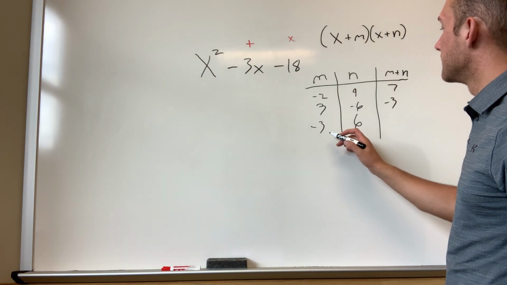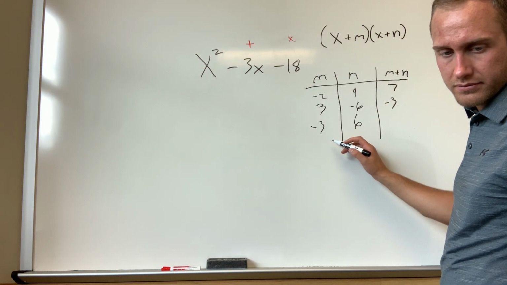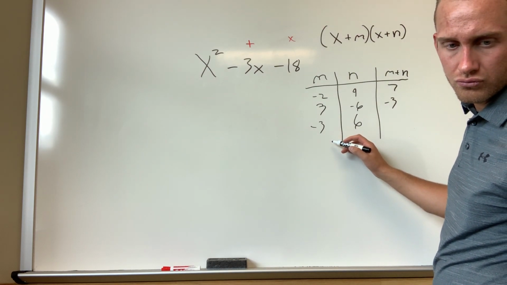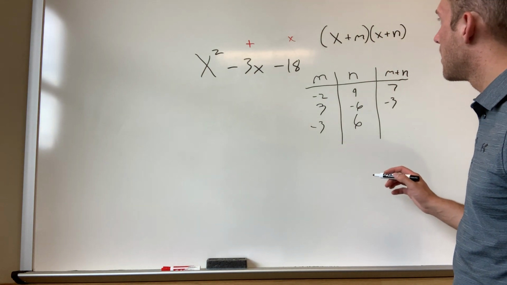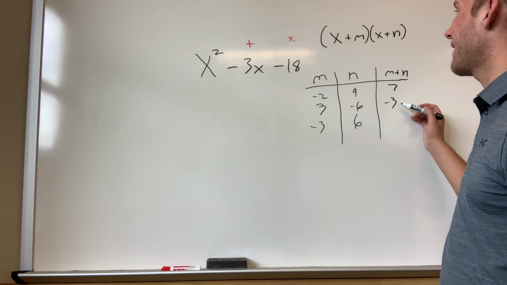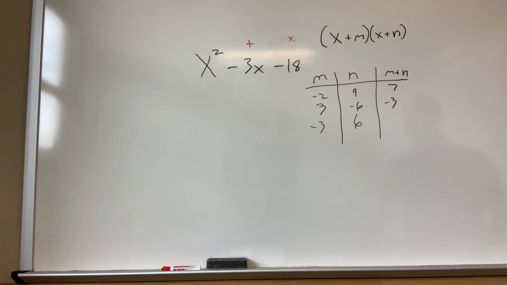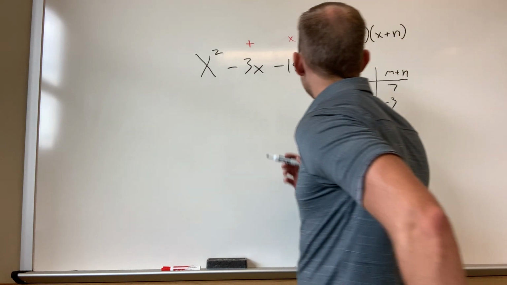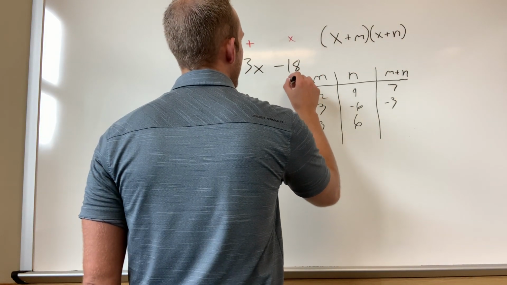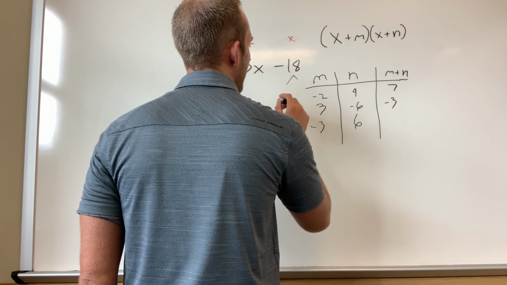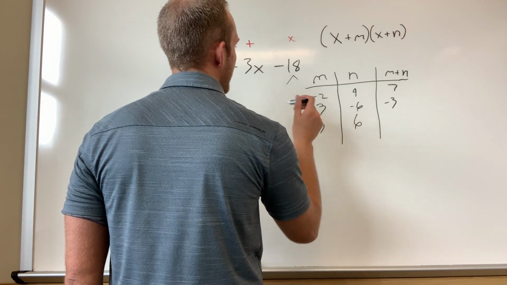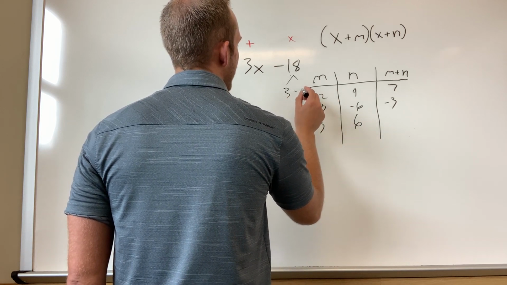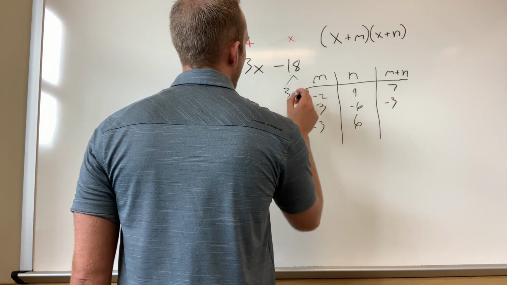And so that's what we want right there. So negative 3 and 6. It's basically negative 6 and 3. So 3 and negative 6. Those are times.